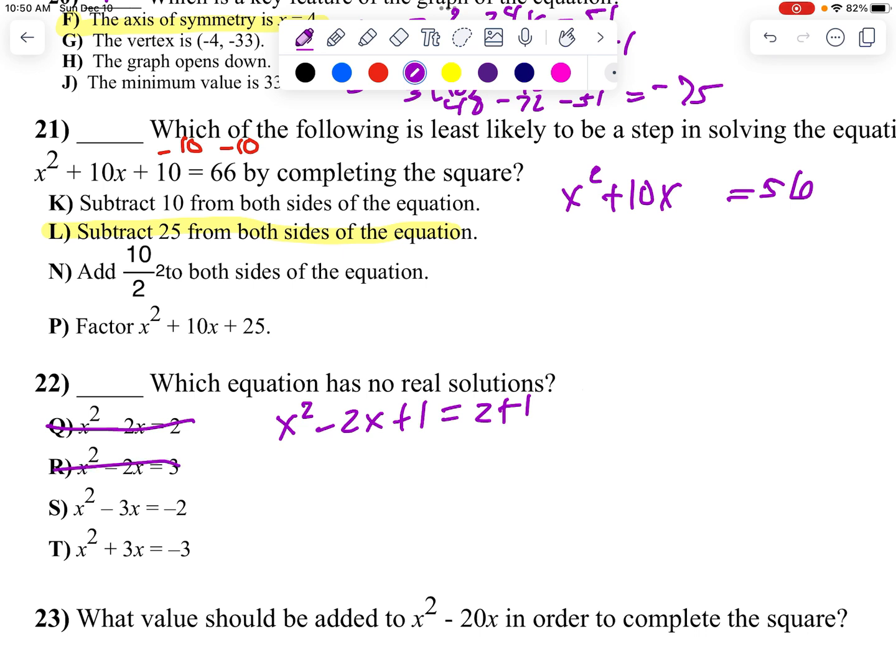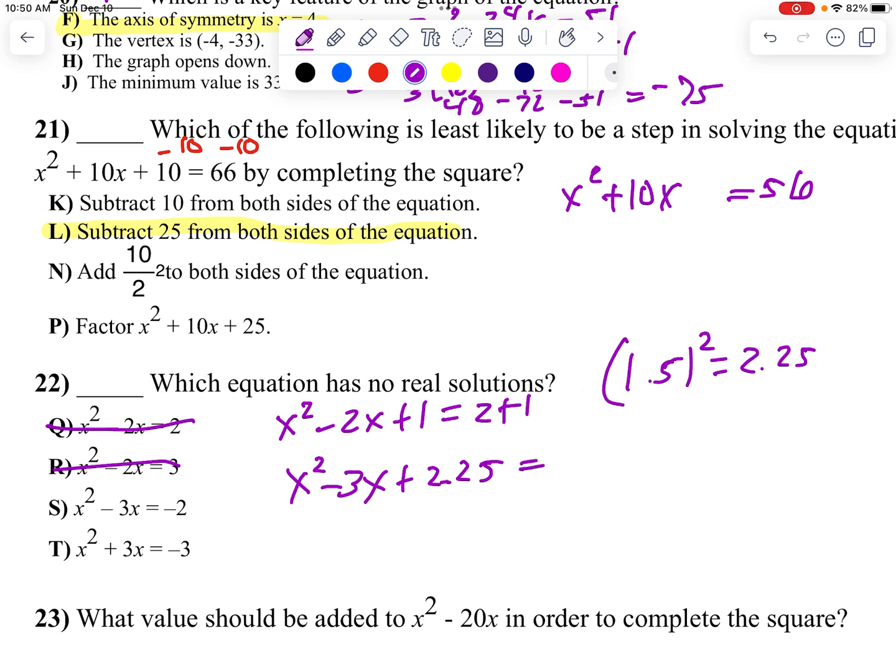Okay, how about letter S? If I take half of 3, that's 1.5. And I'm going to add 2.25 to both sides, because 1.5 squared is 2.25.